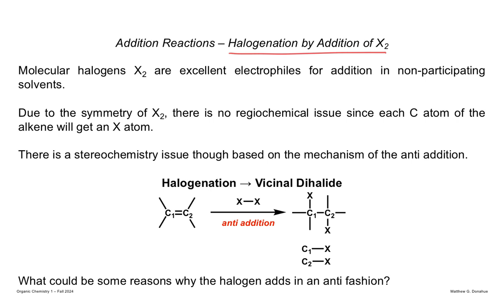For the most part, chlorine and bromine are the most common. So F2, not so much. And I2, we'll say maybe.